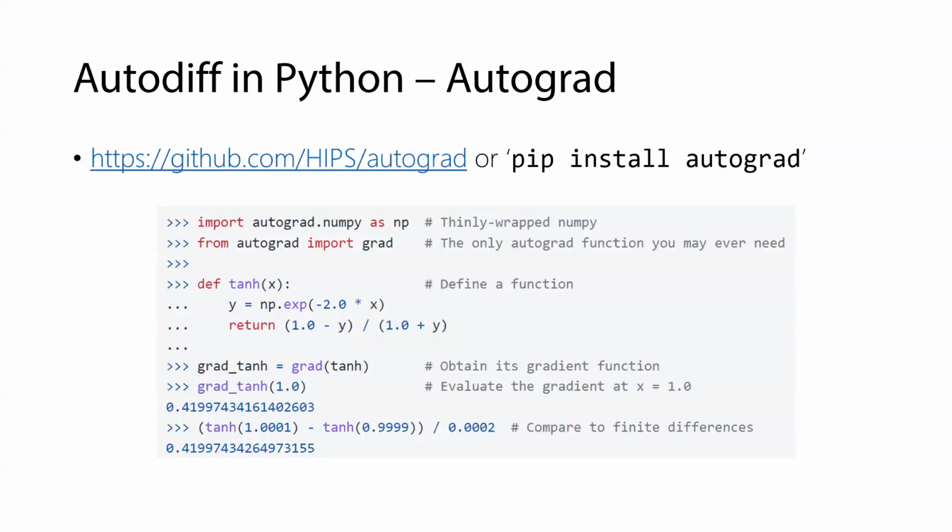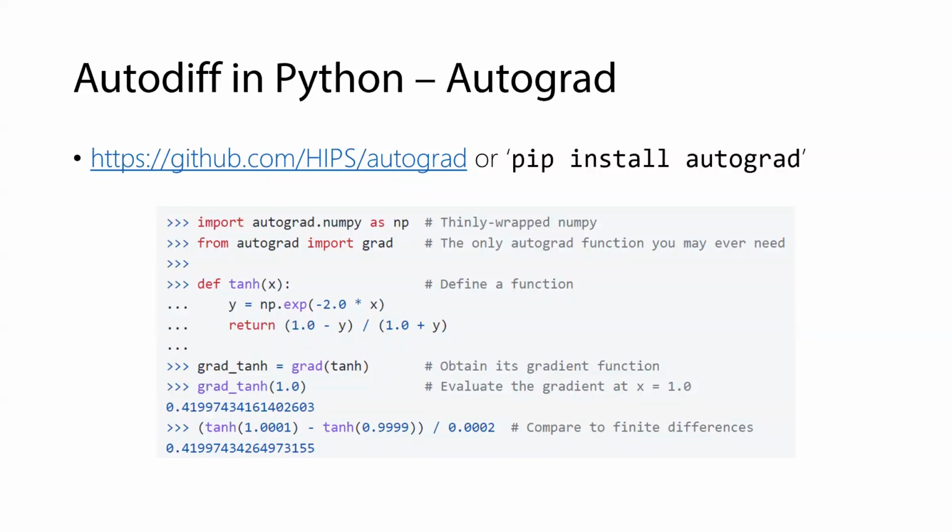There are many auto differentiation libraries. And this is where the terminology starts to get kind of messy. The name of the auto differentiation library is called AutoGrad, automatic gradient. And then people start to have confusion with AutoDiff and AutoGrad.